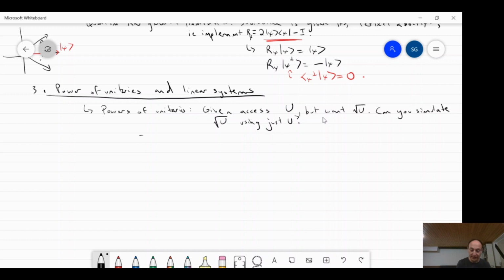The exercise that gives away why this is true is just remember that if the kth eigenvalue of u, let's impose some ordering on them, is e to the i theta k, then the kth eigenvalue of square root of u is e to the i square root theta k.